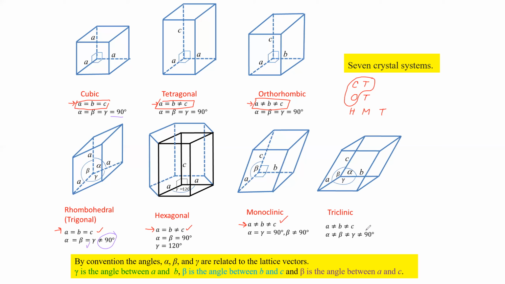For triclinic, it's non-symmetric. All the lengths are different, and all the angles between each length are different as well, and not 90 degrees. Okay, so this is how we can memorize the 7 crystal systems.